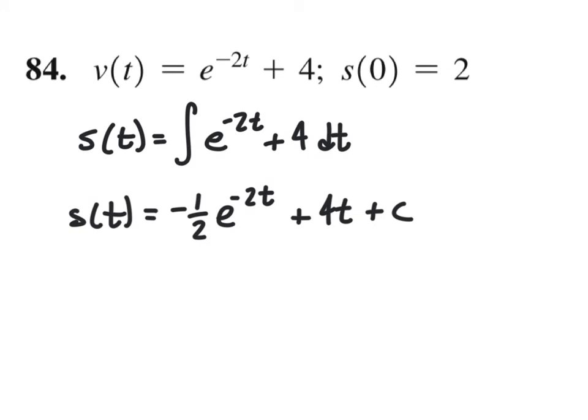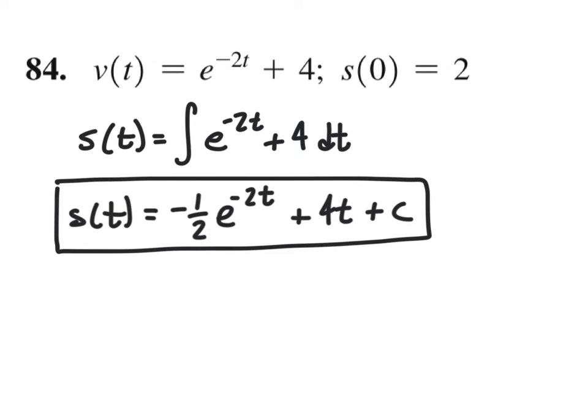The reason why I multiplied by negative 1/2 is because if I took the derivative of this, I'd have to use the chain rule and multiply by the derivative of negative 2t. And so negative 2 times negative 1/2 gives me 1, which is what I needed up here. So you do sometimes have to think of the chain rule depending on the function, but the more practice you do, the better you get at it. But this is my general solution here.